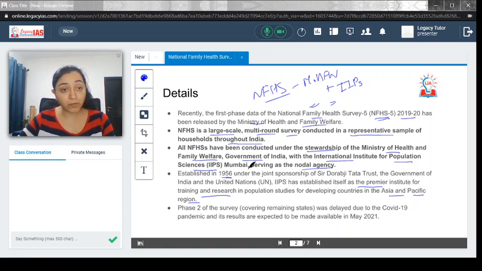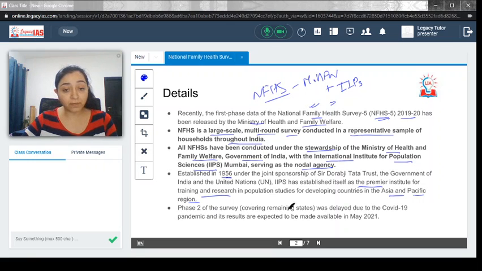So since the time of its inception, IIPS has established itself as a pioneer in conducting health and related surveys. So this is something you could remember: NFHS is conducted by the Ministry of Health and Family Welfare, and the institute which works as the nodal agency is your IIPS.